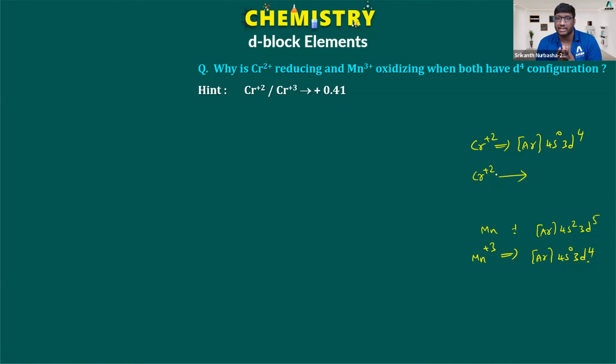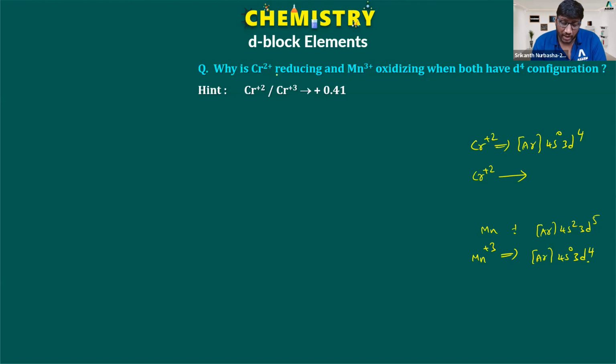If I am reducing something else, I should undergo oxidation myself. Oxidation alone cannot happen, and reduction alone cannot happen. If one is losing an electron, that lost electron has to be gained by some other species. So Cr+2 is reducing means there should be some other species which is undergoing reduction.